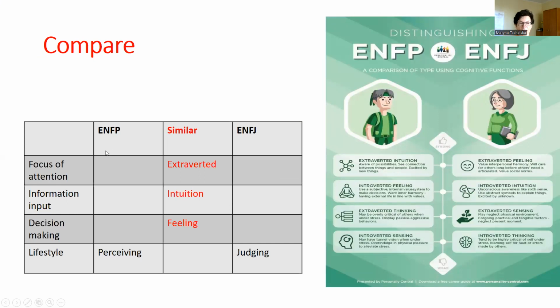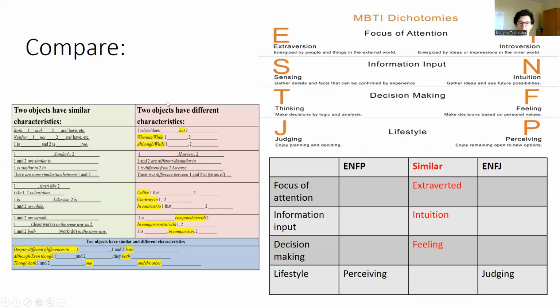We will say that both ENFP and ENFJ are extroverted, intuitive, and they base their decision-making on feelings. However, or we can say while, or whereas, or in contrast to.